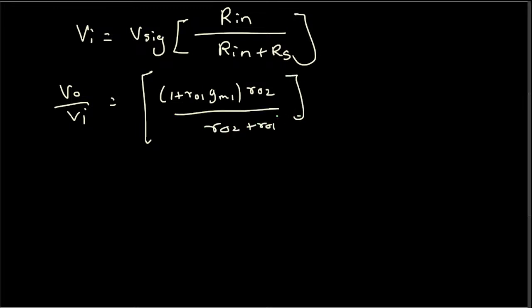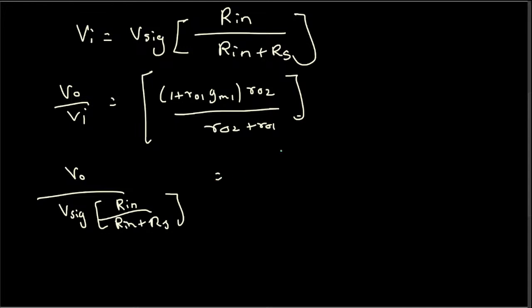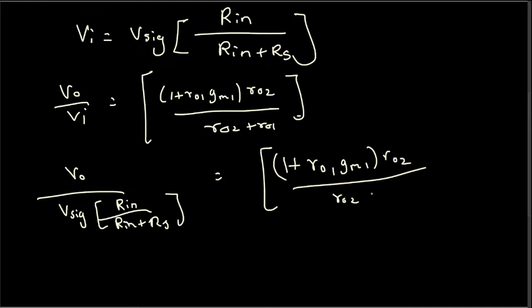Instead of VI we put this value right here. So this is VO over vsig times the voltage divider, Rin over Rin plus Rs. On the other side it remains the same: 1 plus RO1 GM1 times RO2 divided by RO2 plus RO1.